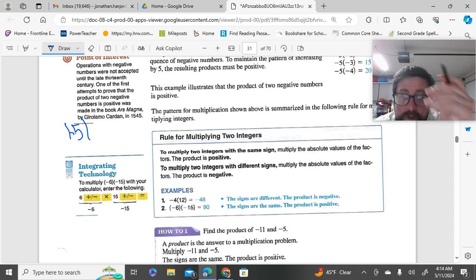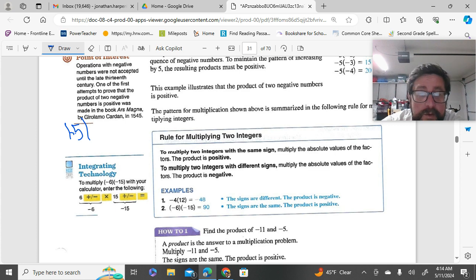So take the absolute value. To multiply two integers with different signs, multiply the absolute value of the factors. The product is negative.